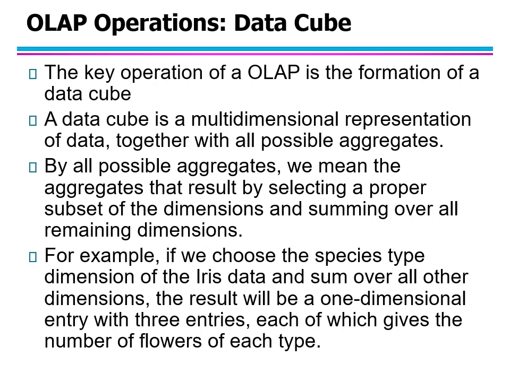And another one is the data cube. The data cube is the core concept in OLAP as well. It's a multi-dimensional representation of data, where each dimension represents an attribute together with all possible aggregates.